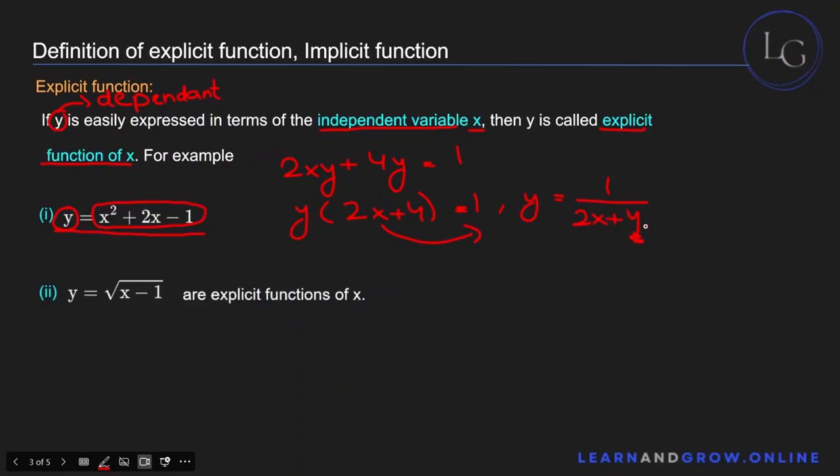Oops, sorry, 4. And look at this example here. Again, y is clearly separated from the independent variable x, and so this is also an explicit function of x.